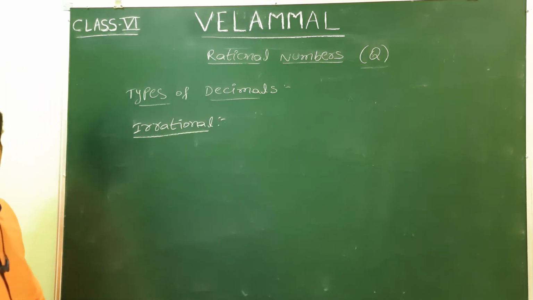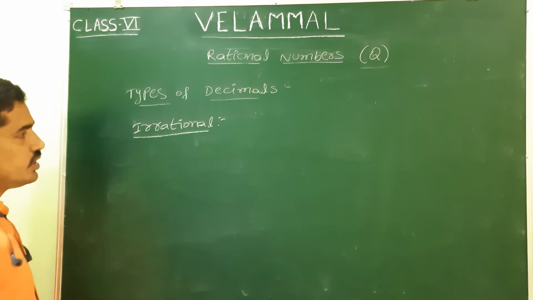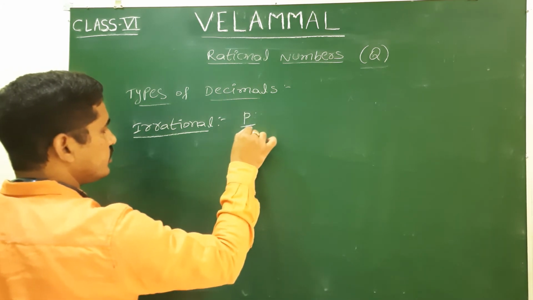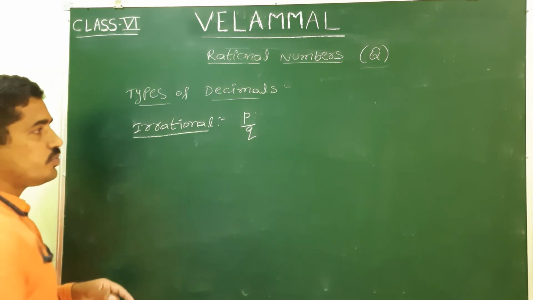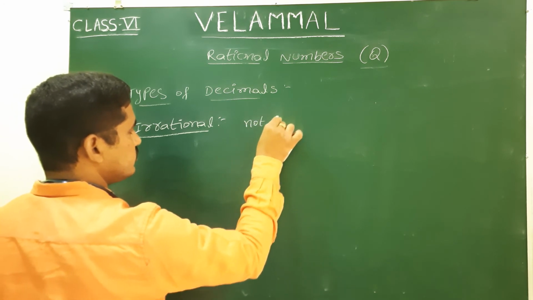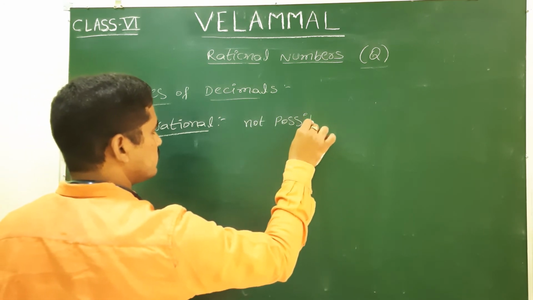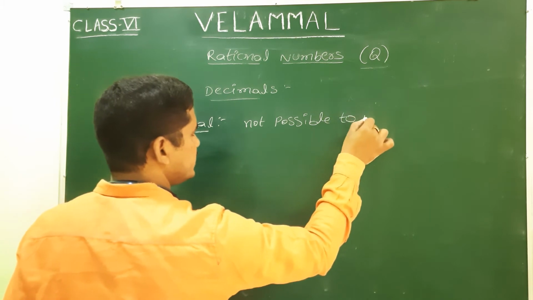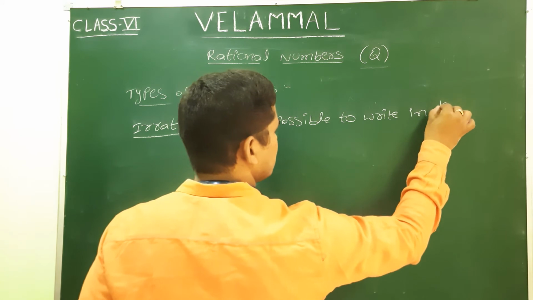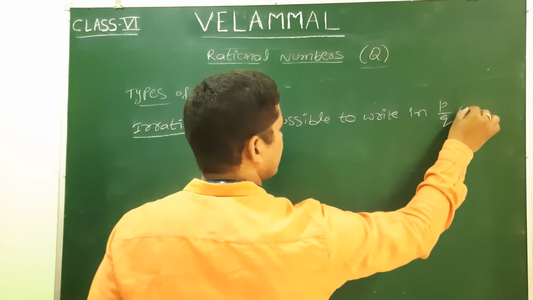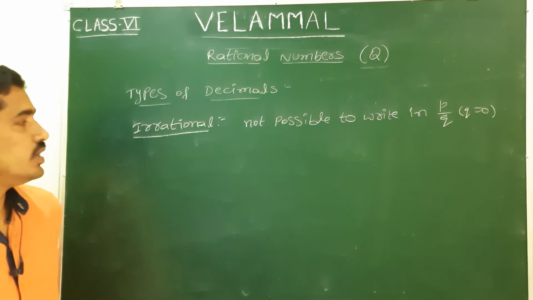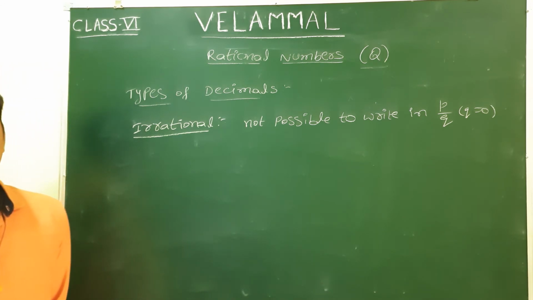An irrational number is nothing but a number which is not possible to write in the form of p by q, where q is not equal to 0. These are called the irrational numbers.